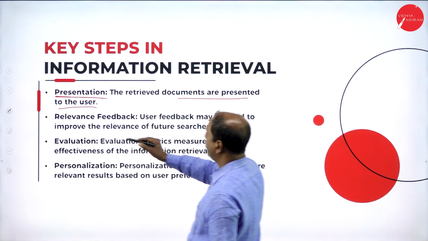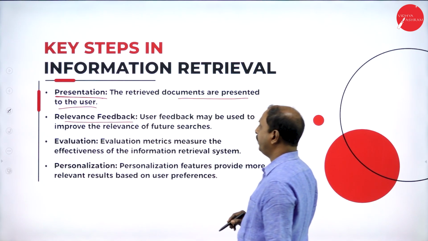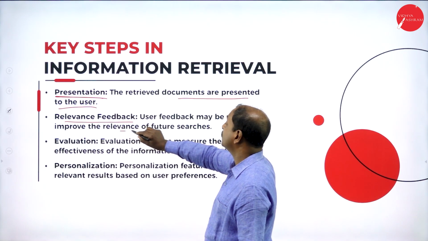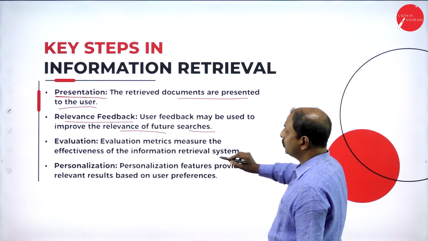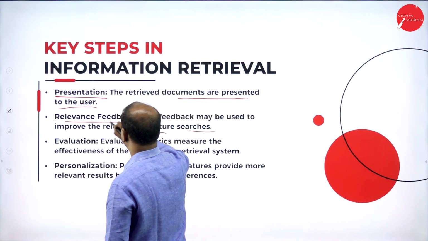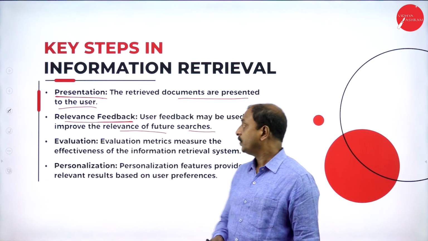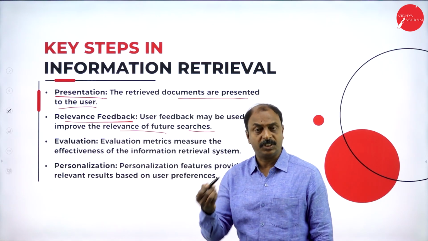Then relevance feedback. User feedback may be used to improve the relevance of future searches. So what's the meaning of feedback here? Generally we know what a feedback is. Based on the feedback, it is possible to improve the system.